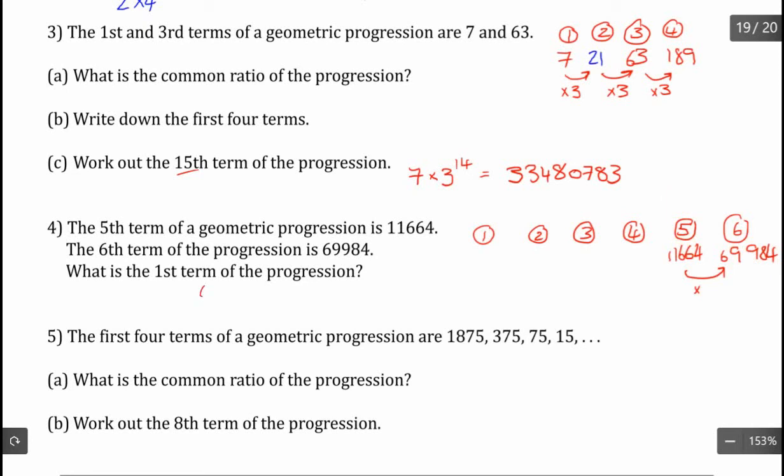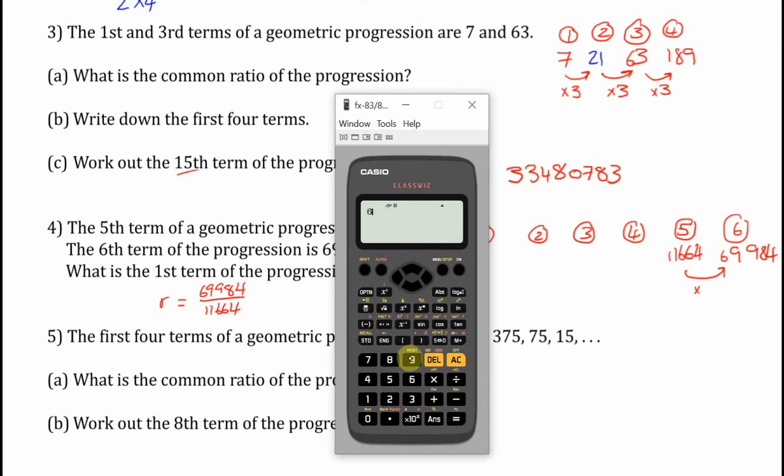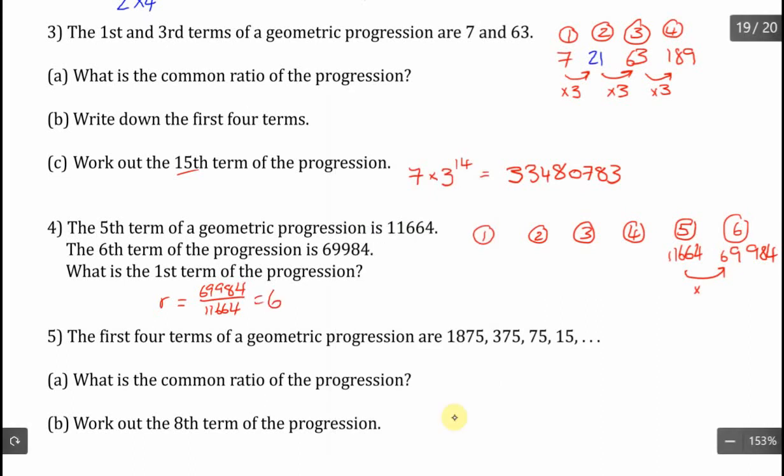So if we do that, that would give us R. Okay, divide by that, we get 6. So we can now just keep dividing by 6 to work backwards.